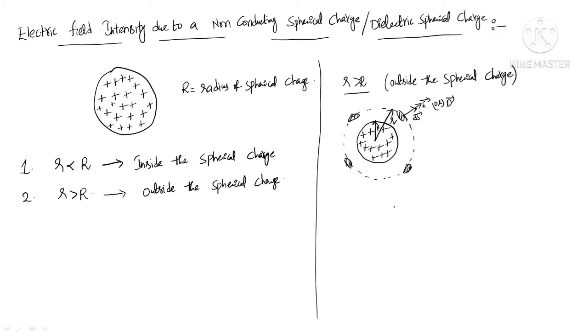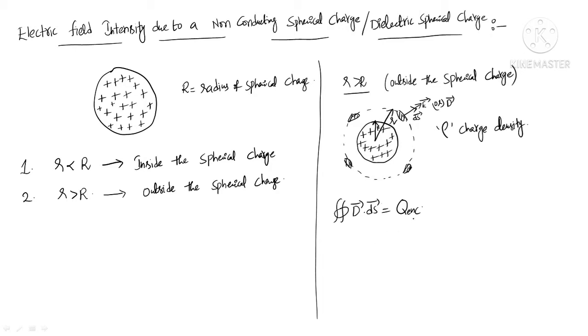Now let us apply Gauss law. The closed surface integral of D bar dot dS bar is equal to Q enclosed. For example, if we assume rho as the volume charge density of this spherical charge, how can you find Q enclosed?